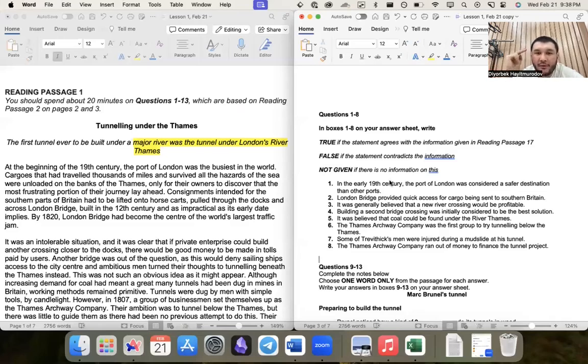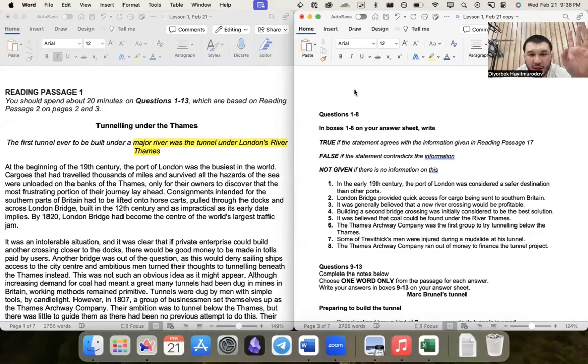Can you guys tell me what four types of questions never come in order? What types of questions never come in order? Matching headings, no, no, matching headings are in order.